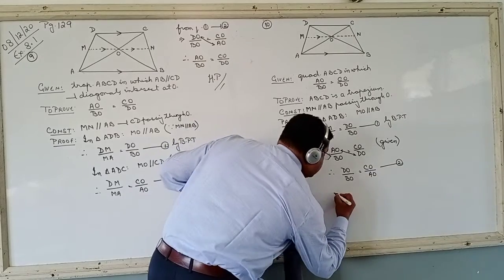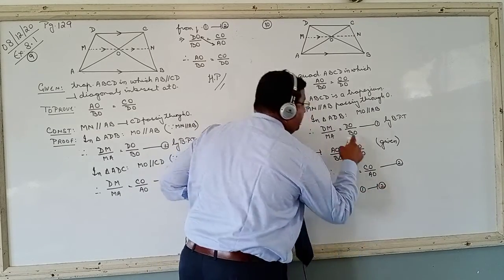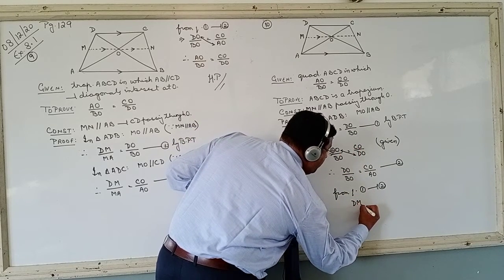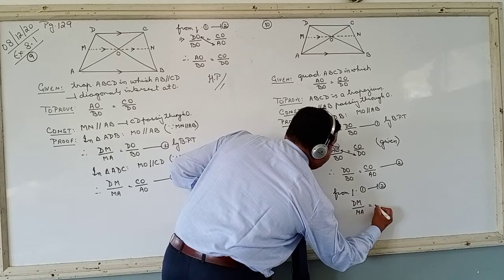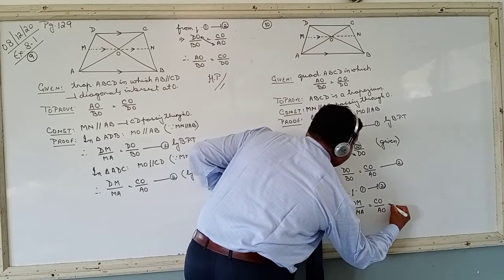So from equation first and second, one side is equal, so the other side is also equal. DM upon MA equals CO upon AO. Equation number 3.